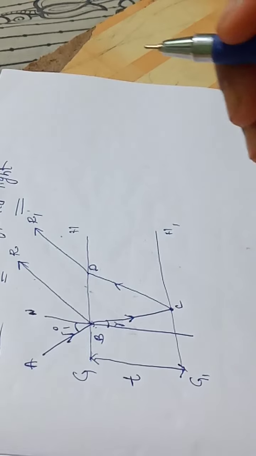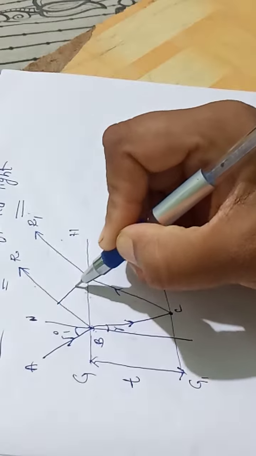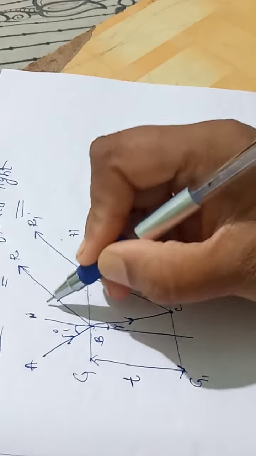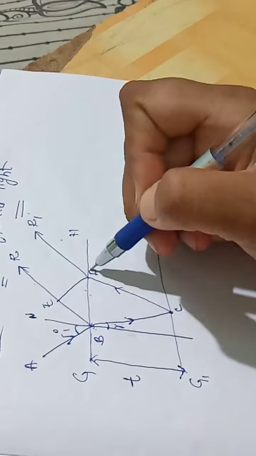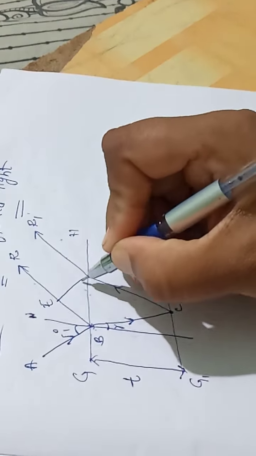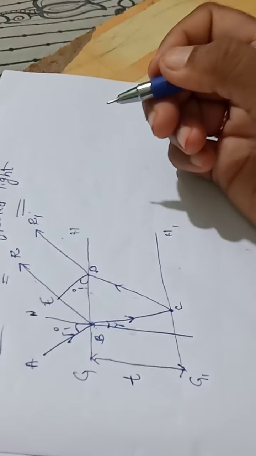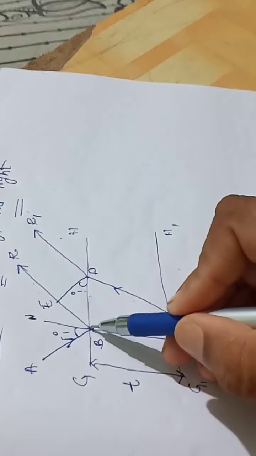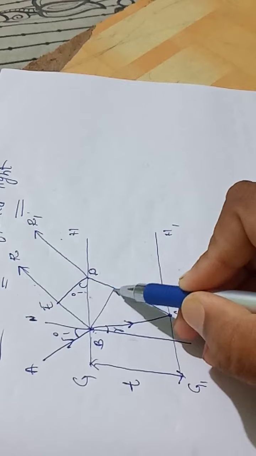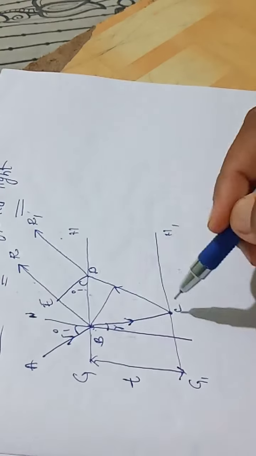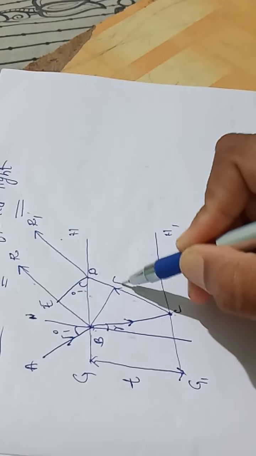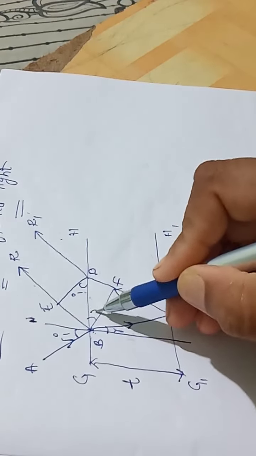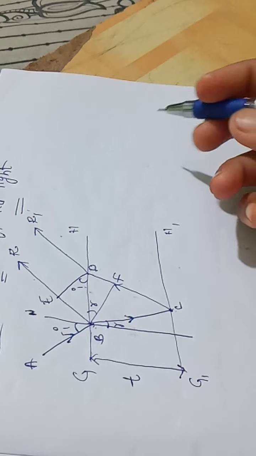To find the cosine law, we draw a perpendicular from D on BR, that is DE, and here I is the angle of incidence. We draw another perpendicular from B on CD, that is BF. Here R is the angle of refraction.